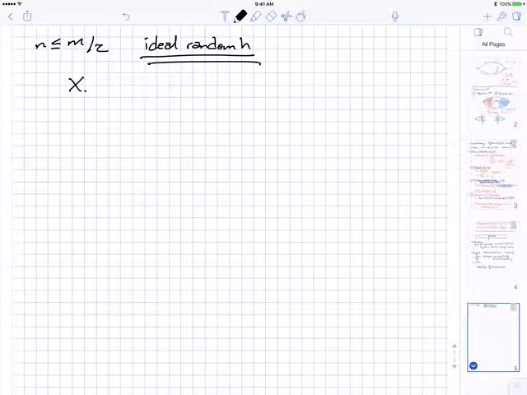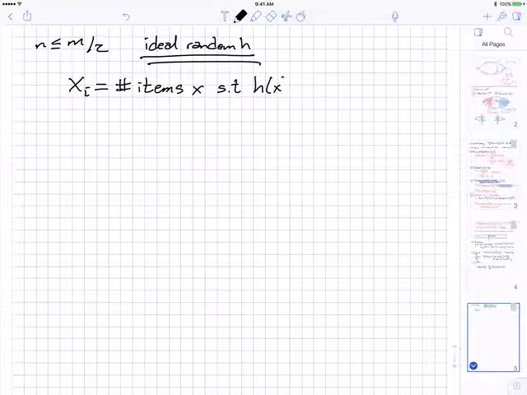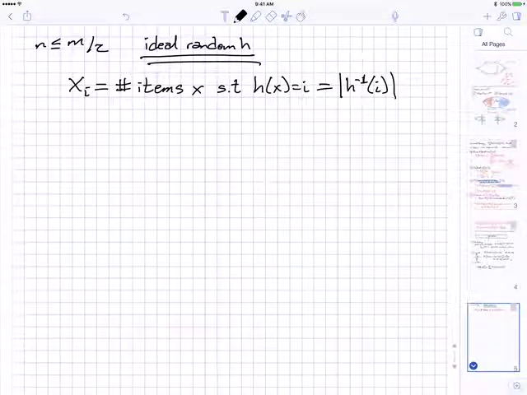So let x_i be the number of items x such that h of x is equal to i, or, if you want to be more concise, you could say something like this.